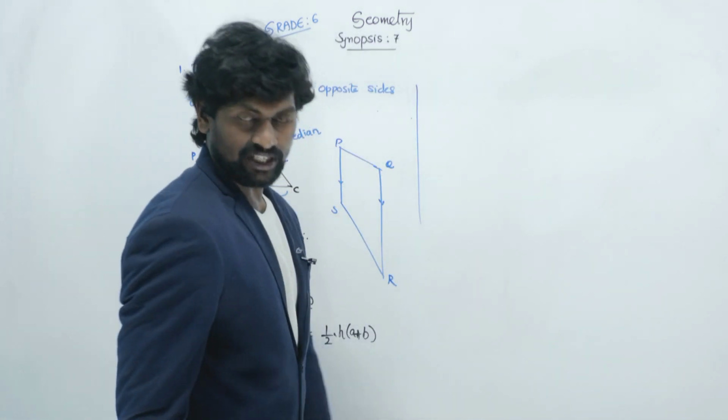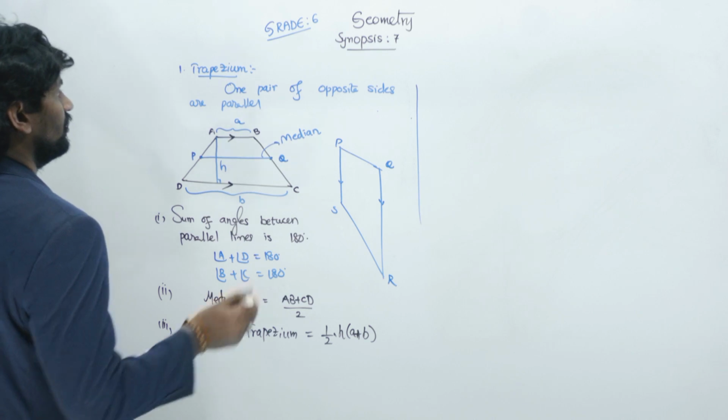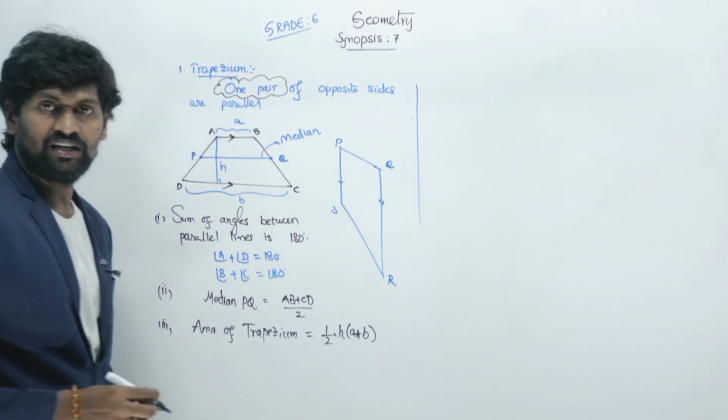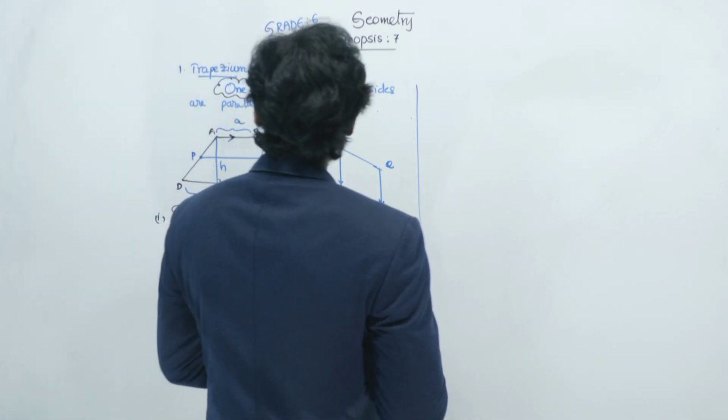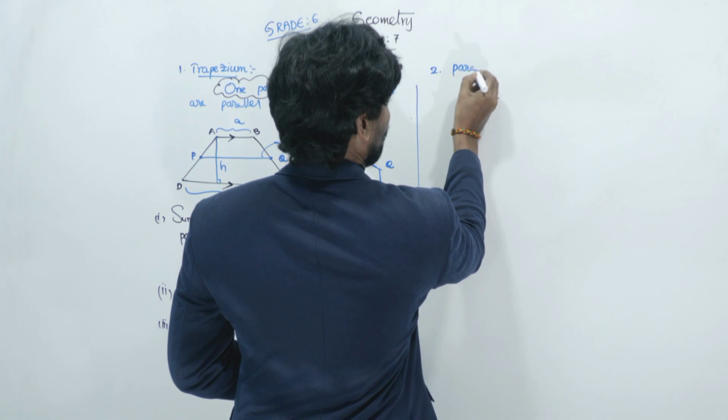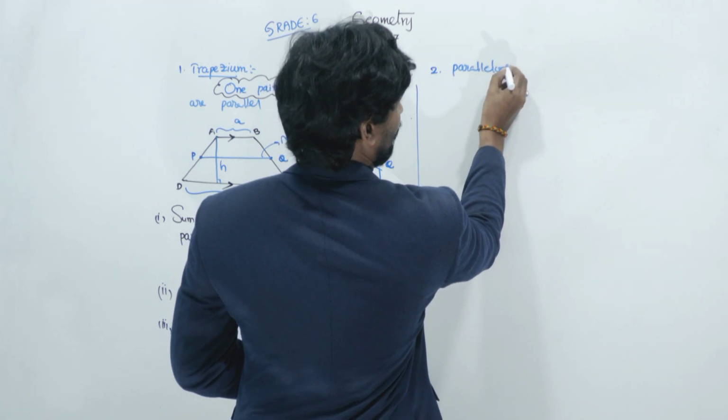The definition is very important here. For a trapezium, one pair of opposite sides is parallel. Now the second one, parallelogram.